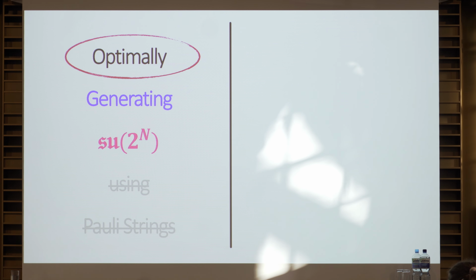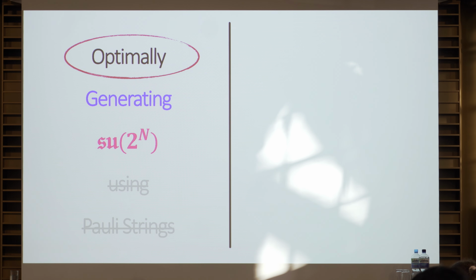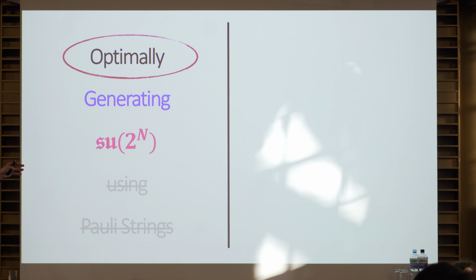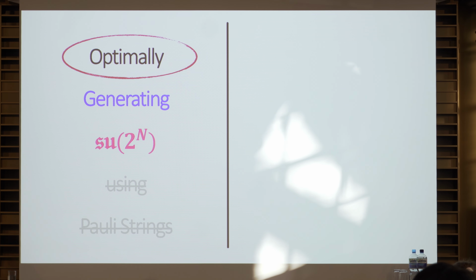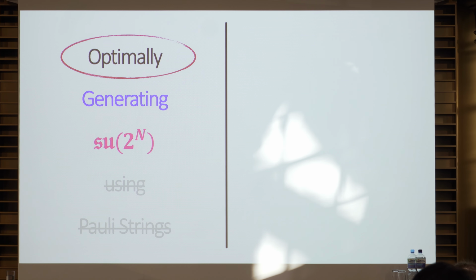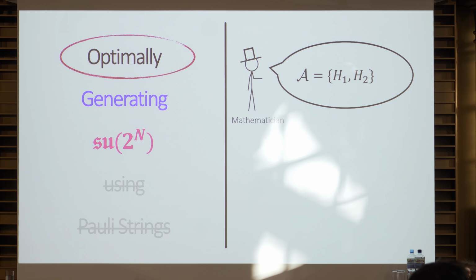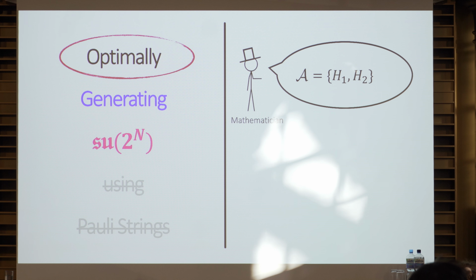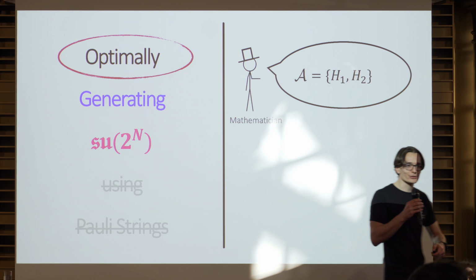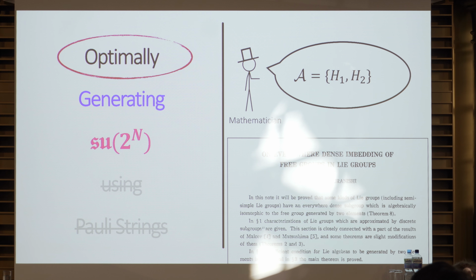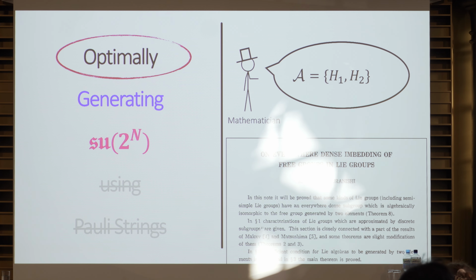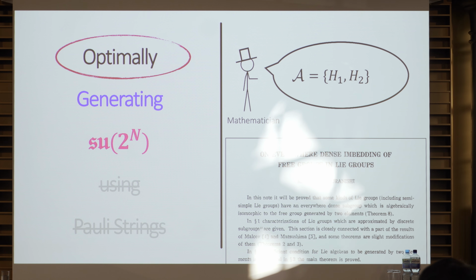Okay, and in fact, there's a known answer for this question, for the smallest set. And some of you might know, it's not 5. If you look for the smallest set, it's actually 2. And I think this is the first time I have seen this being proven, that 2 are enough to generate the whole Lie algebra.